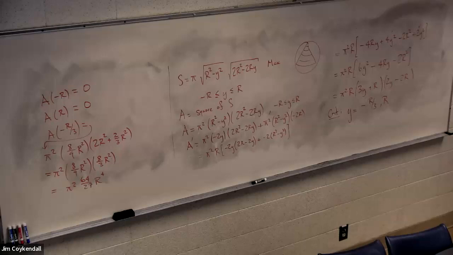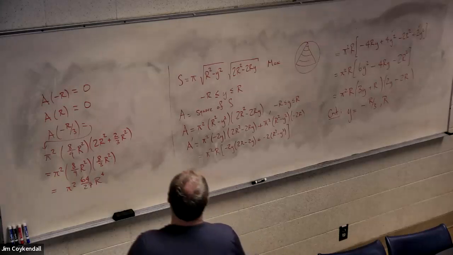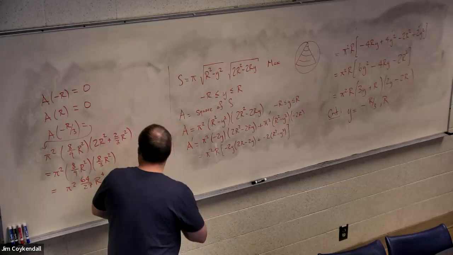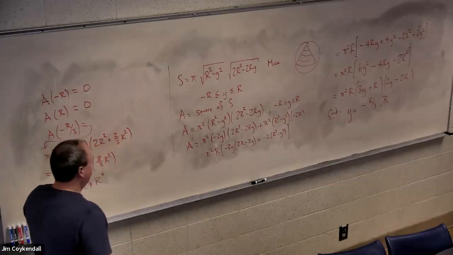And that actually reminds me that I didn't ask you to maximize R or the surface area. I've actually maximized the square of the surface area. So the maximal surface area, everybody okay with this?